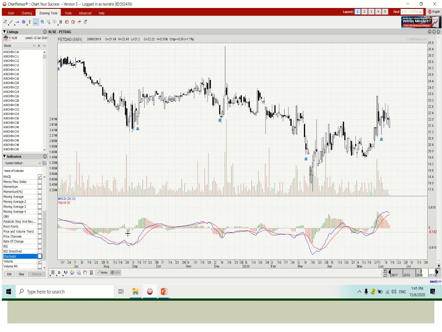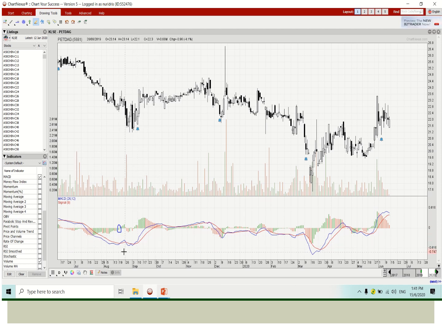In this histogram, you can see that when there is an intersection between the MACD and the signal line, the histogram becomes 0. The signal line is the red line, whereas the MACD, the difference between the 26 and 12 days EMA, is the blue line.